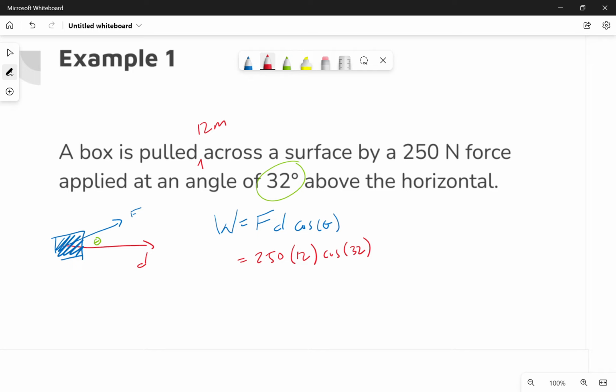And I get that the amount of work that's done is 25. Well, I only get 2 sig figs, so let's call it 2,500 joules of work. So there's my answer, 2,500 joules. So it's really a fairly simple equation to use.